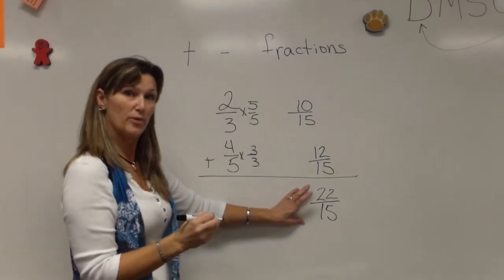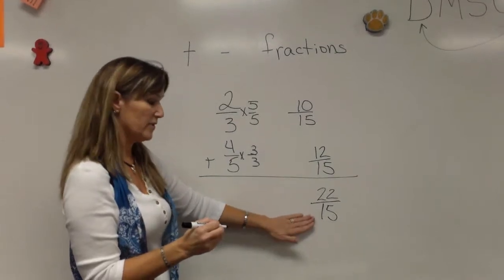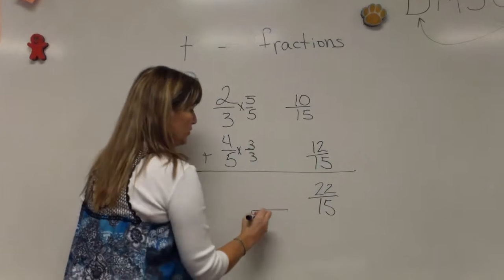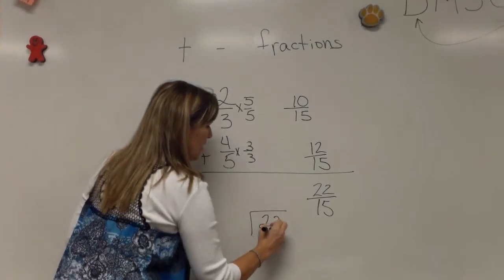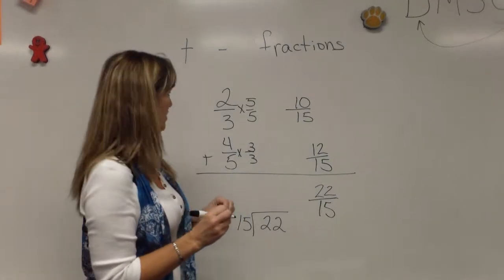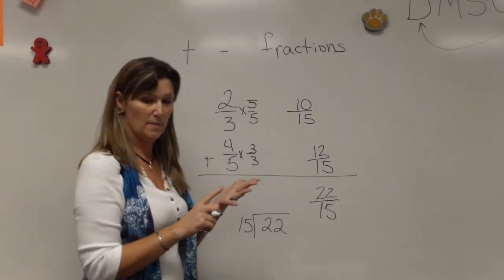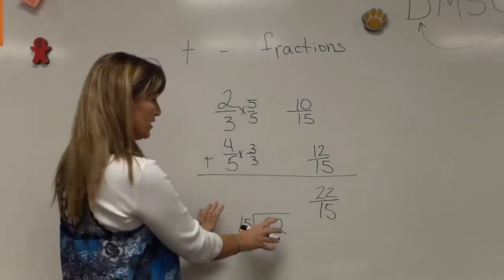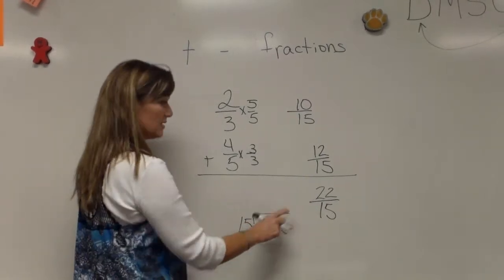Uh-oh, improper fraction. Big number on top of the little number. Now, I'm going to have to do tie-bow. Top in, bottom out. If you haven't watched the video of mixed number to improper and improper to mixed, you need to watch that if you don't understand how to do this.